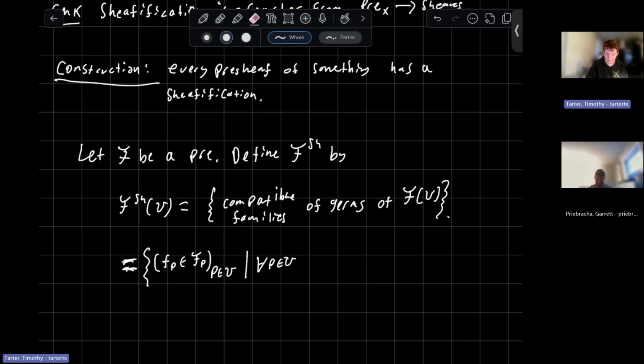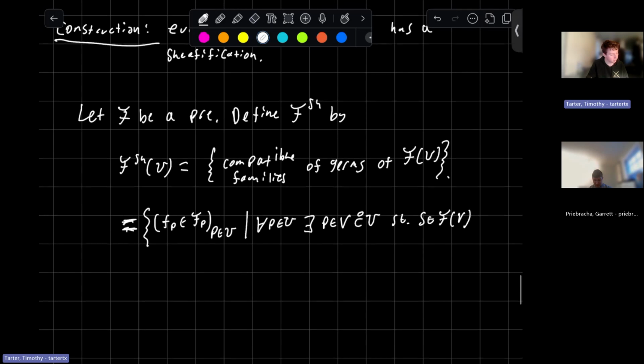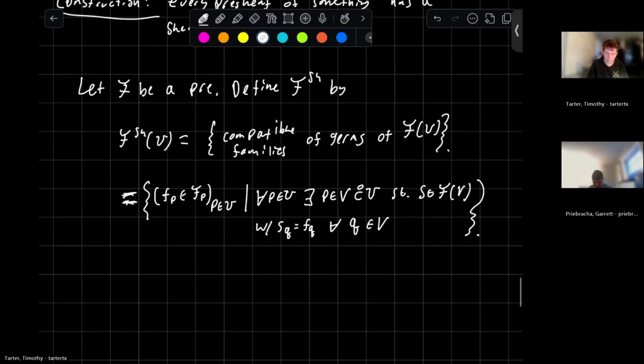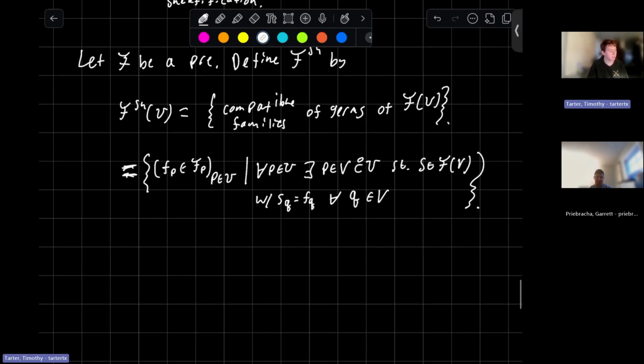For all p in U, there exists an open neighborhood V open in U such that s is in F over V, with f_q equal to s_q for all q in V. So basically everything that we can get to agree forms a sheaf.